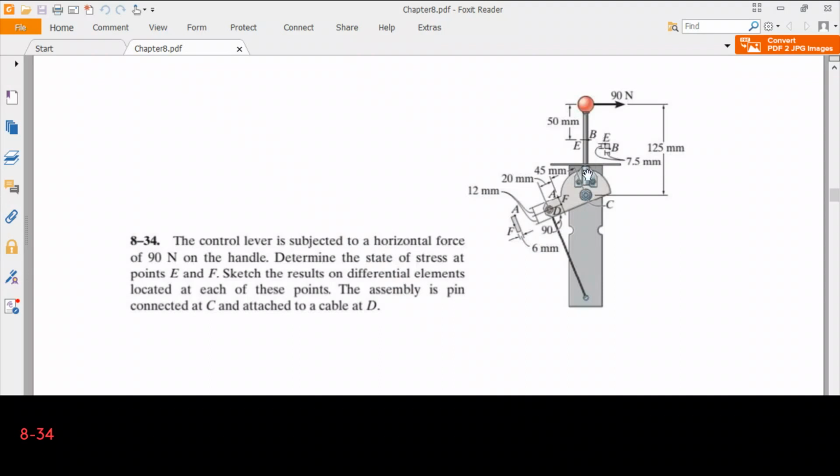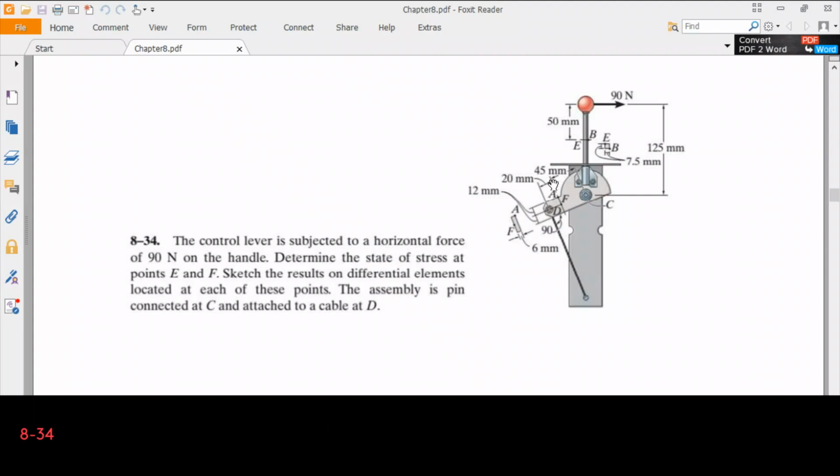Okay, so first thing that we need to do is to determine the reaction forces at C and the force exerted by the cable. If we look at the problem clearly, we see that we only need to calculate the force exerted by the cable.